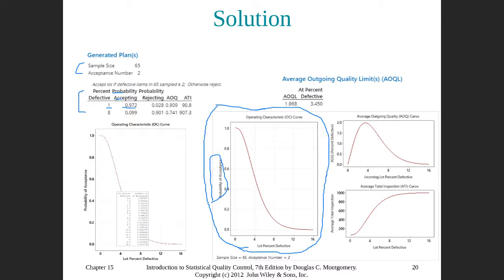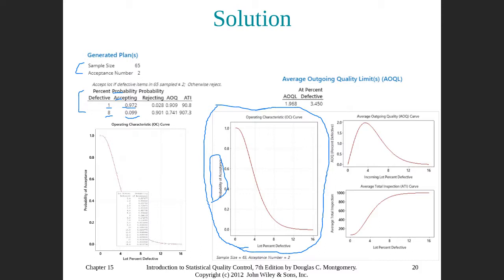And you will have 0.099 probability, which is almost 10% of the time you are going to accept when you have a defective percent of 8. And we got the 8 from the RQL, because the RQL is the rejecting quality level and it is 8%.